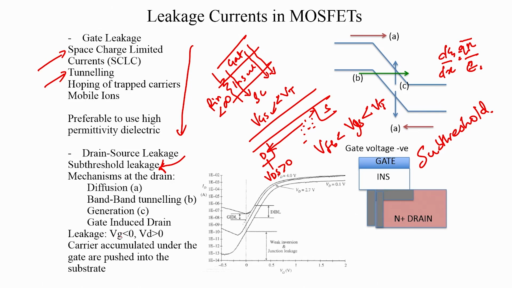Now, apart from that, let us take a look at the drain bulk interface. Okay. So, you have the drain, you have the body of the semiconductor, okay, and you have this p-n junction which has got a band bending of this sort.